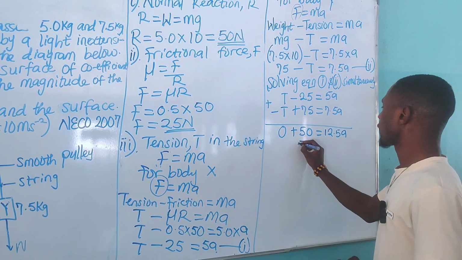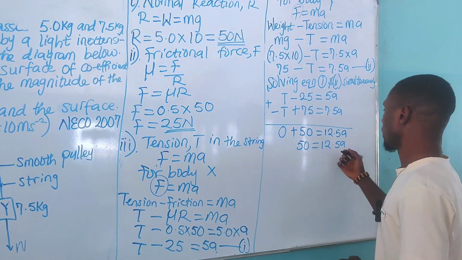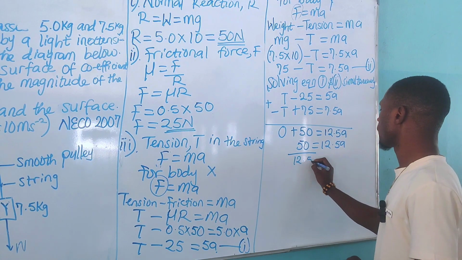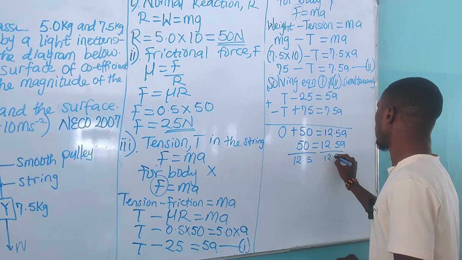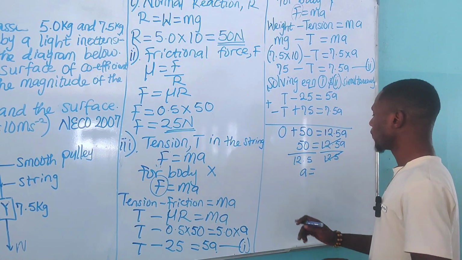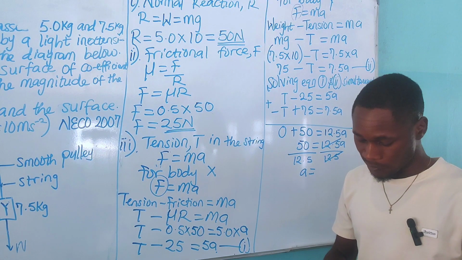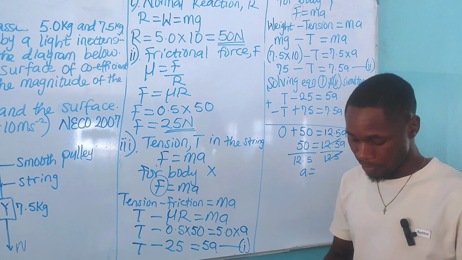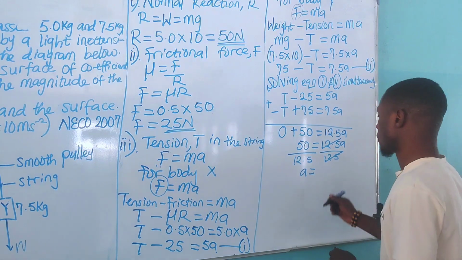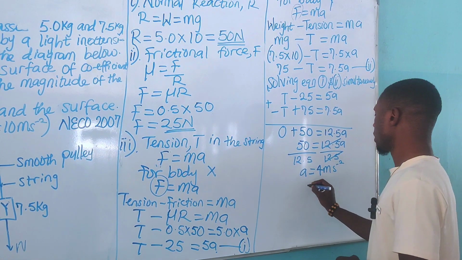Okay, so we have 50 is equal to 12.5A. So we are looking for A, the acceleration. We divide both sides by 12.5. So acceleration becomes 50 divided by 12.5, which is equal to 4. So acceleration is equal to 4 meters per second squared.